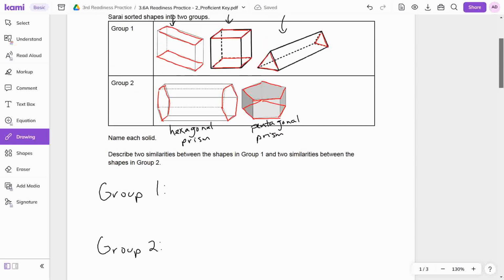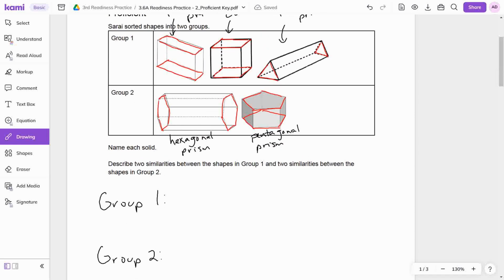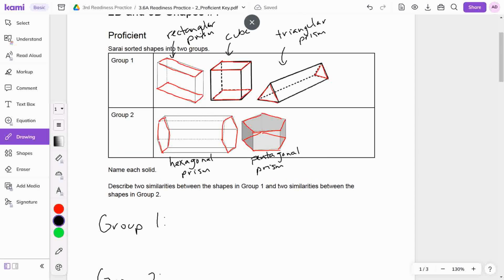All right, so thinking about these shapes right here, let's see, what do we know? Well, we could describe them by, I've already started outlining their faces. So let's see how many faces we have. The thing with a prism is if you find their two bases, so let's look at my rectangular prism first. How many sides are on my rectangular prism?